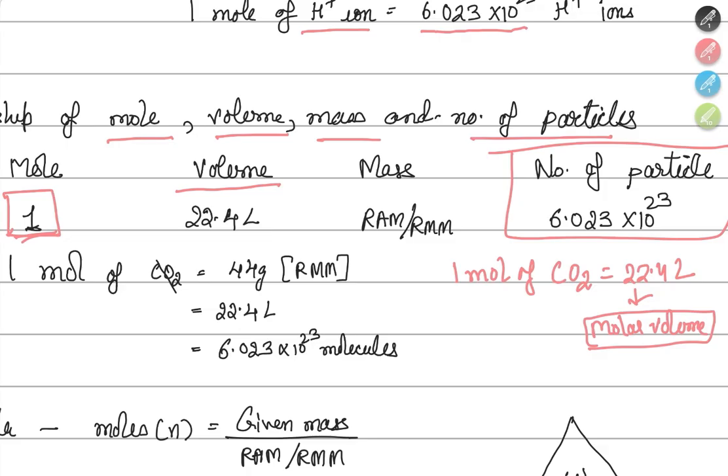Similarly, for 1 mole of any substance, what will be the mass? Let's take, suppose, oxygen gas. What will be the mass? Now oxygen gas is a molecule. If the oxygen atomic mass is 16, we can say 2 into 16, so there will be 32 gram of gas.